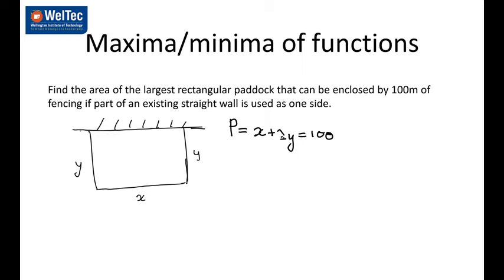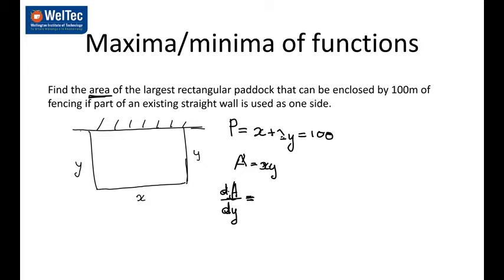Now we've actually asked for the area, so that means we need an area statement. And it's actually that we need to maximize. So we need to find the derivative of A. Let's find it with respect to y. But we've got a problem in that our A is written in terms of x and y.